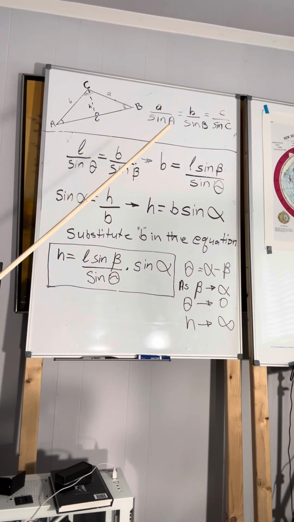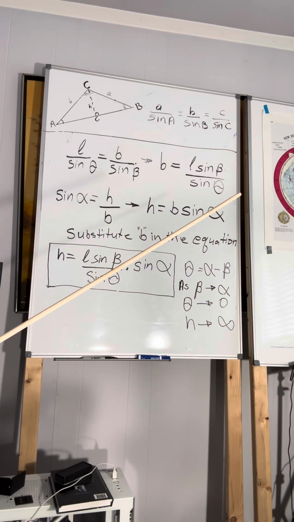Anybody that tells you the sun is 93 million miles away either is stupid or is trying to deceive you. That's the height of the sun. All we need to do is measure the angles better, make sure we put in the distance, and alpha and beta, measure those angles.